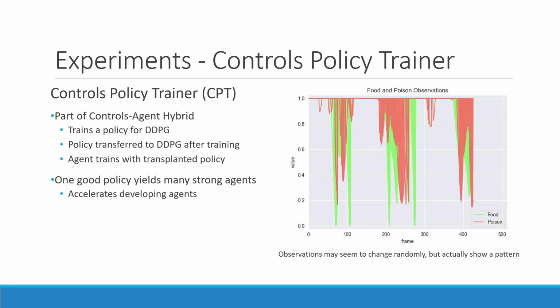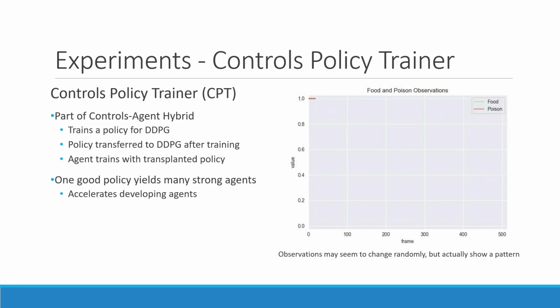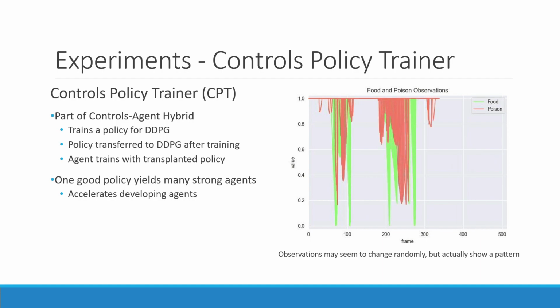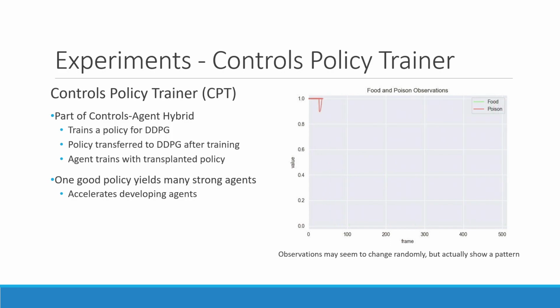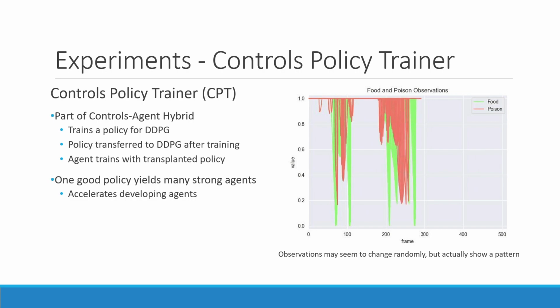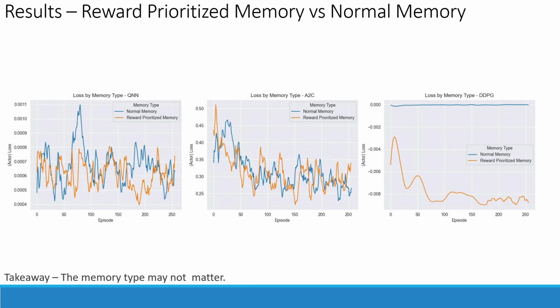We want to try to get the food closer to the agent. So my thought is through this controls policy trainer, this controls algorithm, we can train a policy for DDPG so that it can learn from the controls algorithm, kind of like imitation learning, and try to mimic it and then improve on it.